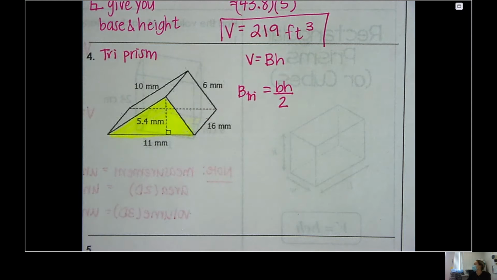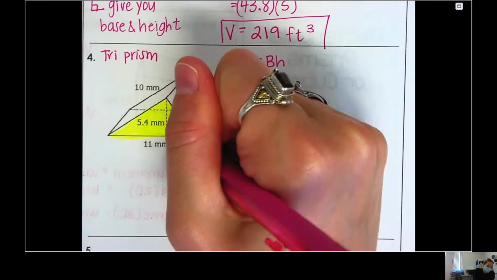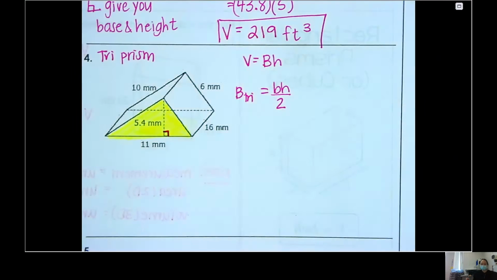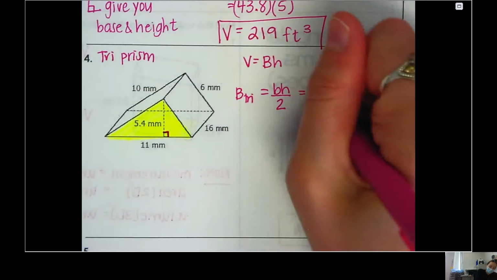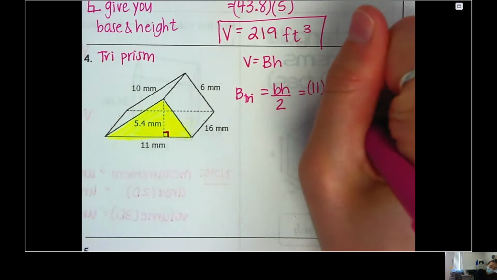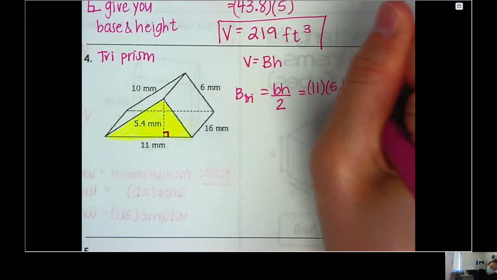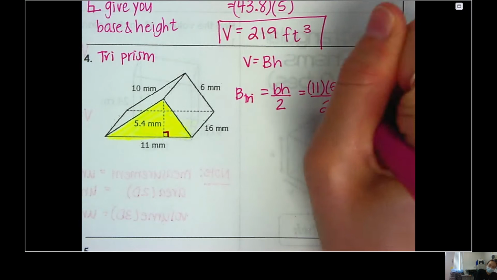All right, so looking at that yellow triangle, what is the base of the yellow triangle? 11. Good. What's the height of the triangle? 5.4. Good. The two numbers that go along with the 90 degrees. So you're going to take 11 times 5.4, and we'll divide that by 2.